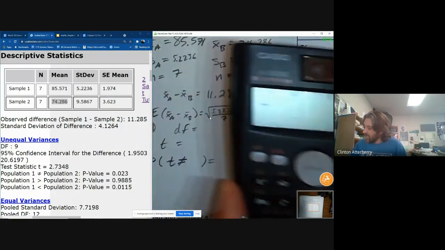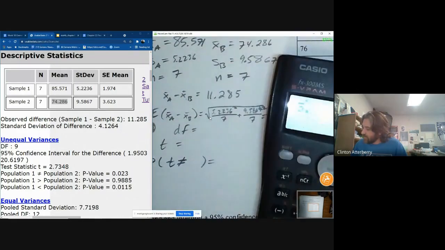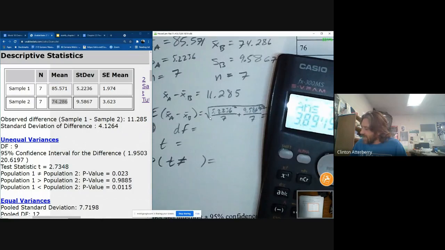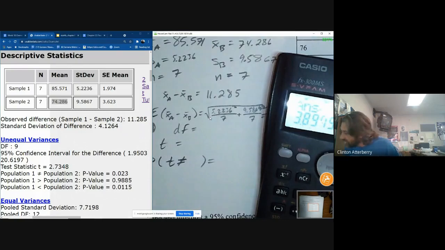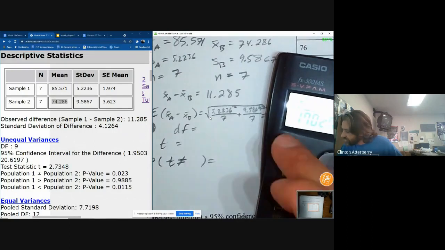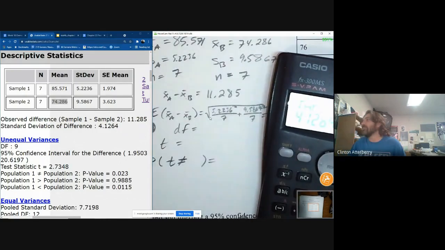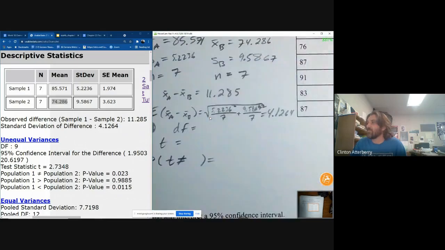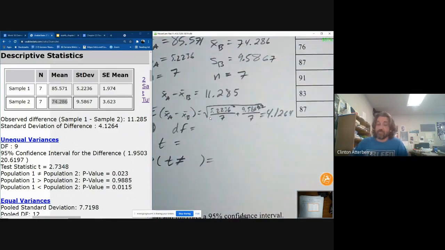Then 5.2236, square it, divide by 7, add that to 9.5867 squared divided by 7. I'm going to square root this last answer and I get 4.1264 something. That's that answer right there. So it seems like we're doing everything on the right track.